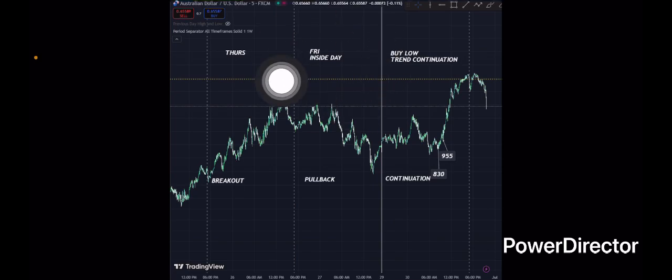The inside day is a trigger day, which is a day that alerts us to a possible trade opportunity the next or following day, right? So Friday is our pullback. We pull back well into Thursday's range, right? And then this market pulls back and closes inside of the inside day range.